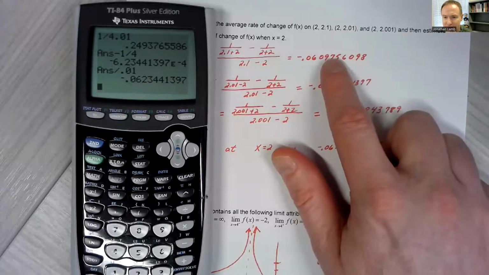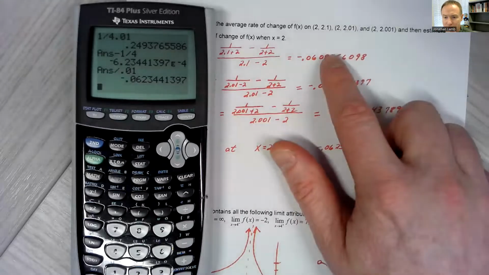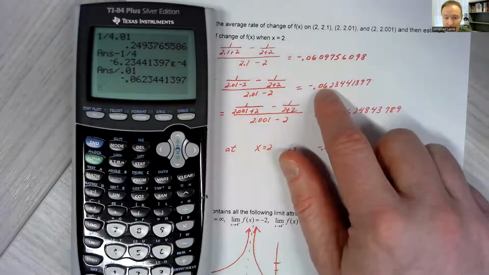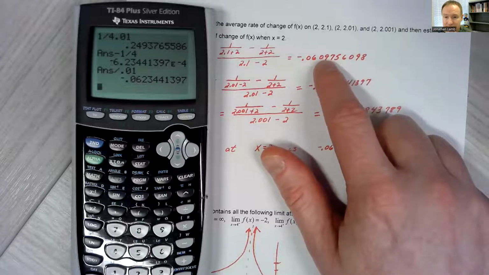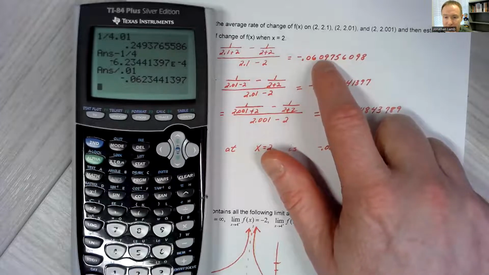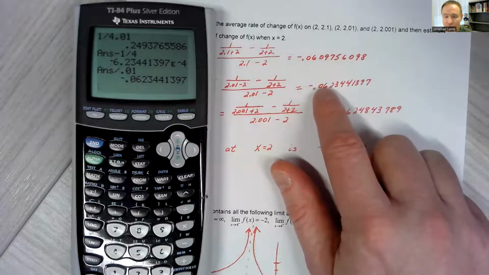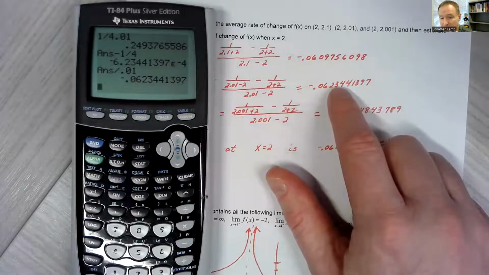0.0623441397. Now, as I try to figure out what has changed from here to here, not a whole lot has changed. It's decreasing from negative 0.0609 to negative 0.0623. So I'm thinking it went down approximately 0.0014 units.